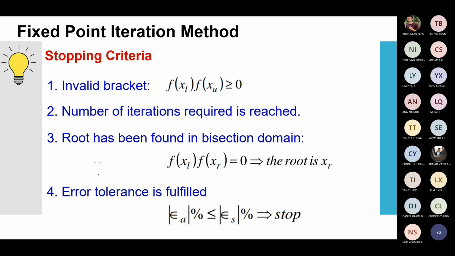In other words, the present value minus the previous value, divided by the present value, times 100. So you can see how much the error is. If the relative approximation error is less than the stopping criteria determined by the questions or requirements, then you stop the iteration process. These are the 4 elements you need to consider in the bisection method in order to stop the iteration.